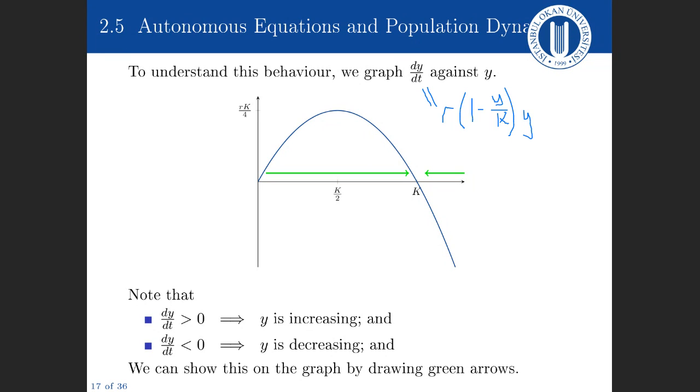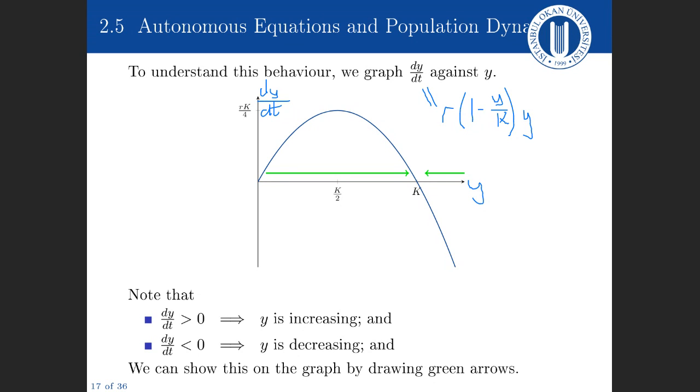So we're graphing this function against y. This axis is the y-axis. This axis is dy/dt. And we get a curve like this. As we said, the curve is equal to 0 when y is equal to 0 and y is equal to k.